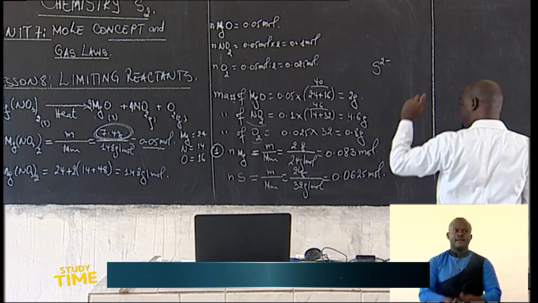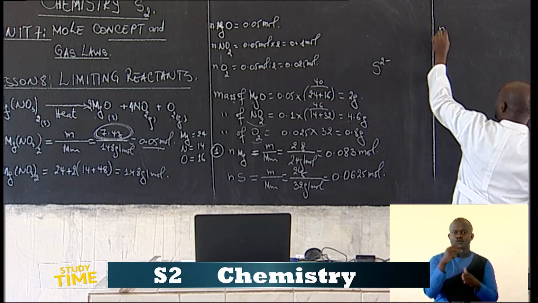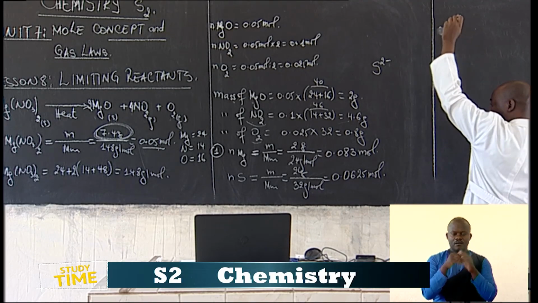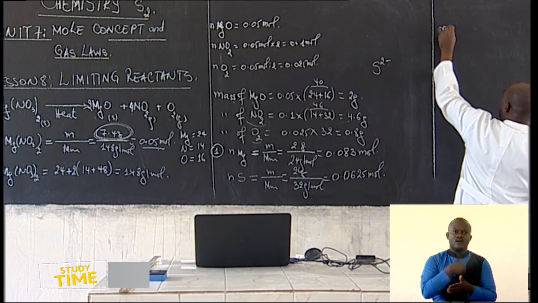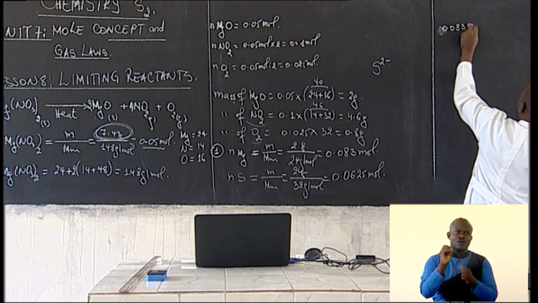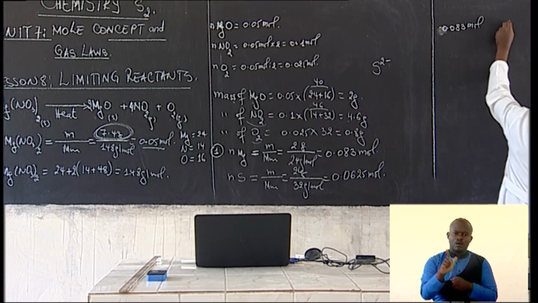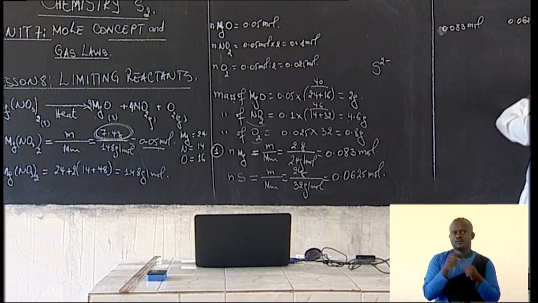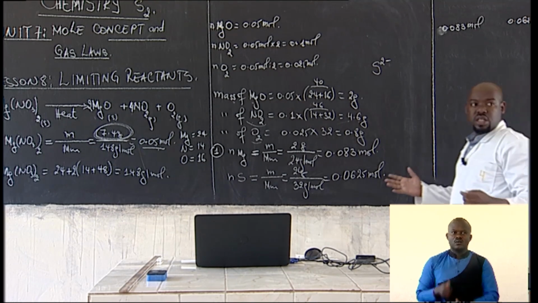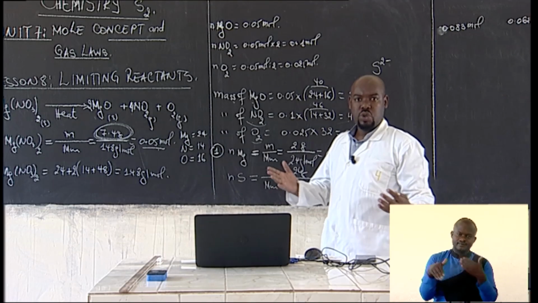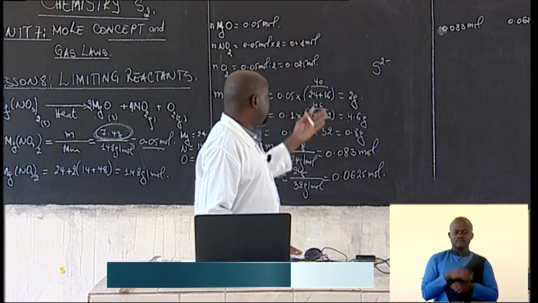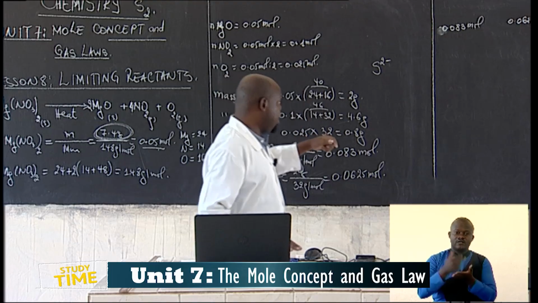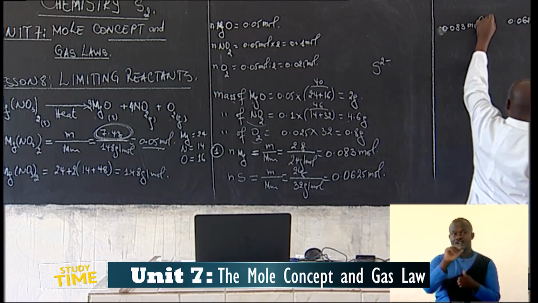Now, let us compare these two values. Number of moles of magnesium, say we have 0.083 mole and 0.0625 mole. Which one is greater than the other? The first value is bigger than the second, so it's like this.